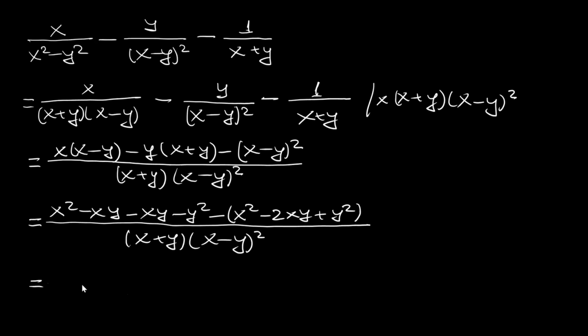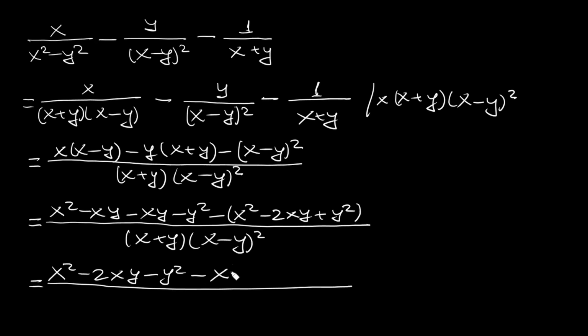Let's see what we have. We have our x squared minus 2 times xy minus y squared minus x squared plus 2 times xy minus y squared. And this is over the same denominator, x plus y times x minus y squared, where we have minus 2xy here and plus 2xy there.